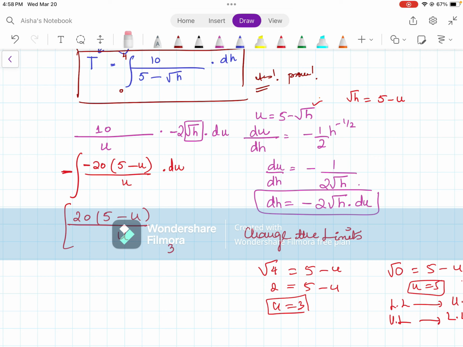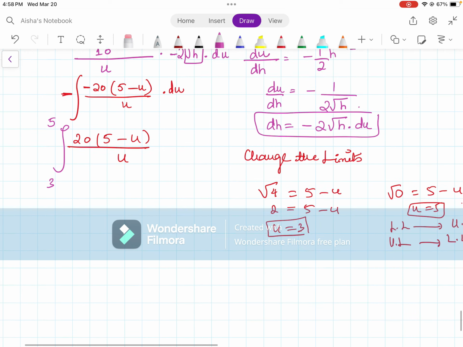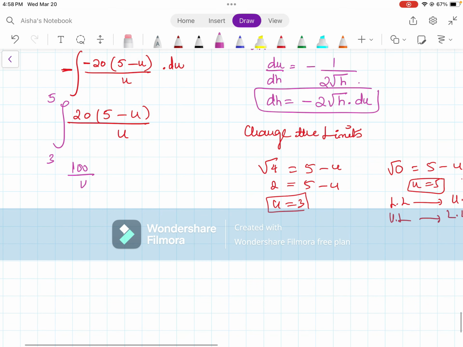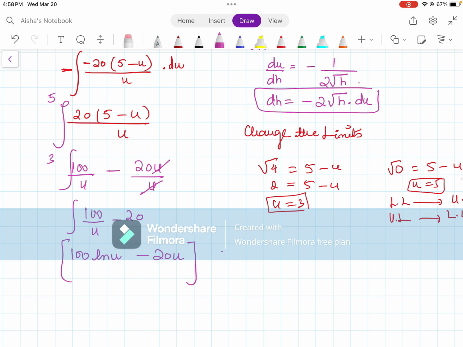But this is still not integrated, so I'm going to write 100 upon u minus 20u upon u. Now this is integrated with the limits 5 and 3. Let's input the limits 5 and 3. What will we get?